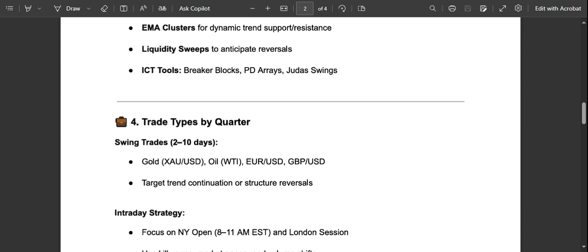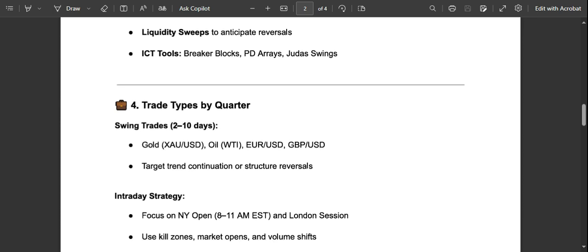Now under the fourth aspect, we have trading times by quarter. Normally in this quarterly trading format, we have something called swing trades.